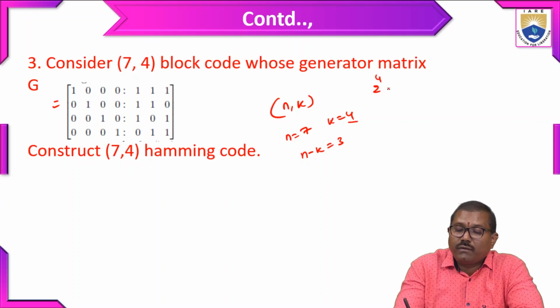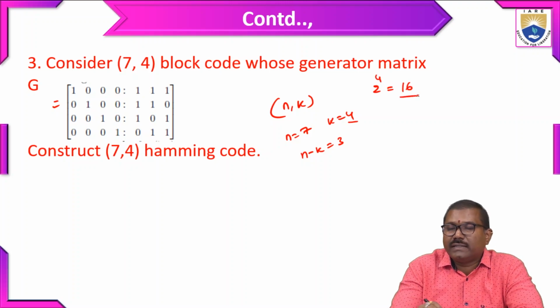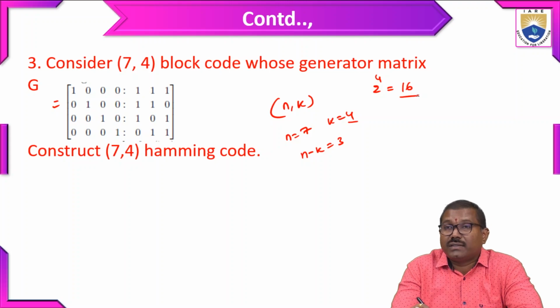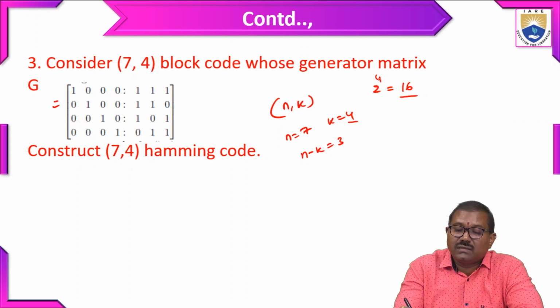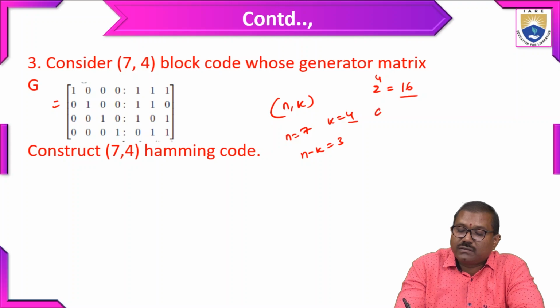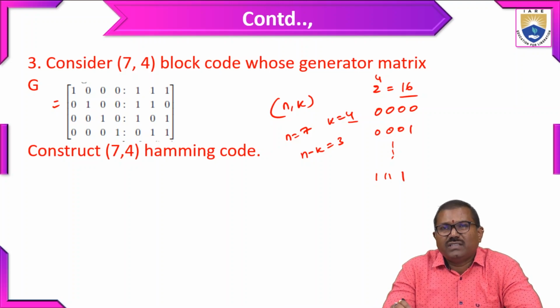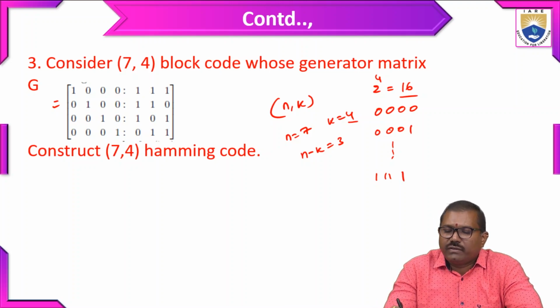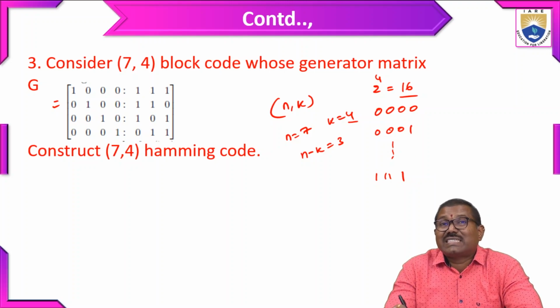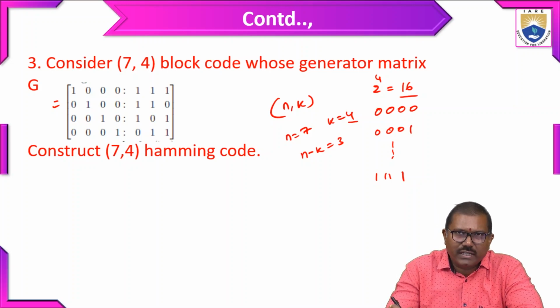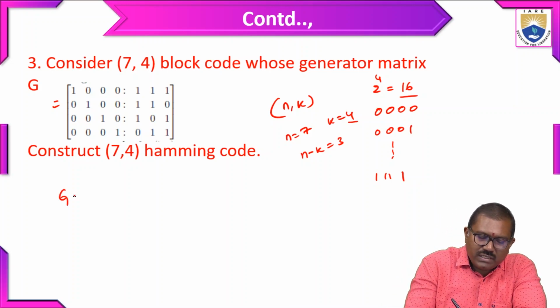So 2 power 4 is 16 message vectors, and the message size is 4 bits, starting from 4 zeros, 0001, up to 4 ones. So these are the message vectors. For these 16 message vectors, I can generate 16 code vectors.